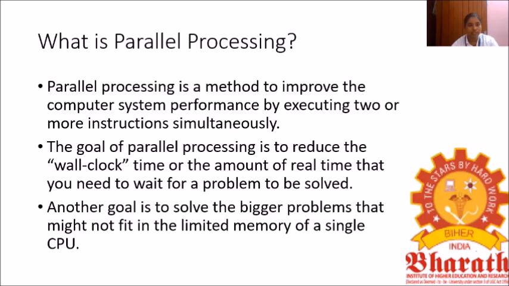A parallel processing system can be achieved by having a multiplicity of functional units that perform either identical or different operations simultaneously. The data can be distributed among the multiple functional units. This can be explained through an example, which we will see in the next two slides.